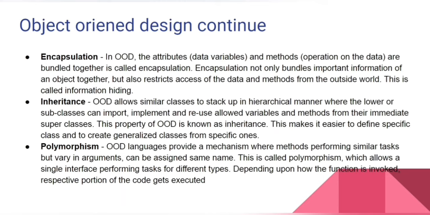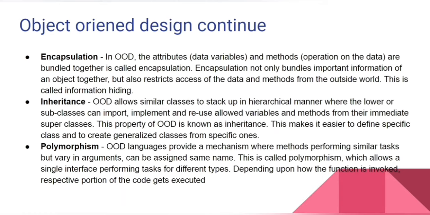They cannot be accessed by others without our permission. Encapsulation is just like a capsule, which combines the member functions and the data members of a class and hides them from the outside world. Encapsulation is a very important concept of object-oriented programming.